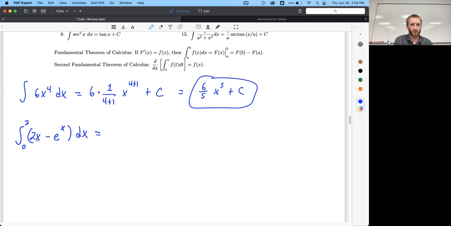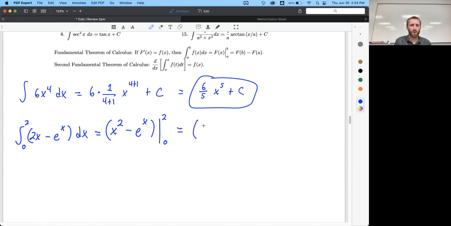And so the antiderivative of 2x, well, the new power in x has to be 2, and we divide by the new power. So we get just x squared. The antiderivative of e to the x is e to the x. How nice. And now we need to evaluate that at 2 and 0 and subtract those. The way that we typically write that is with a straight line, 2 on top, 0 on the bottom.